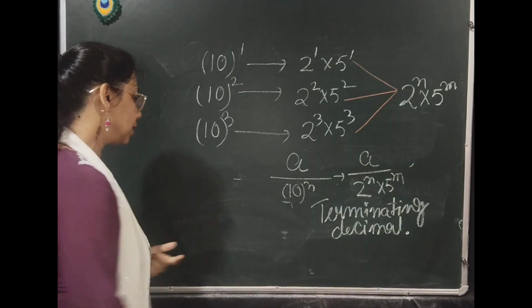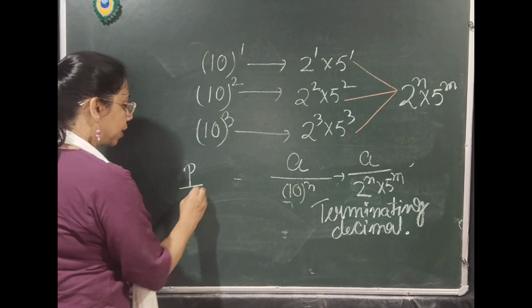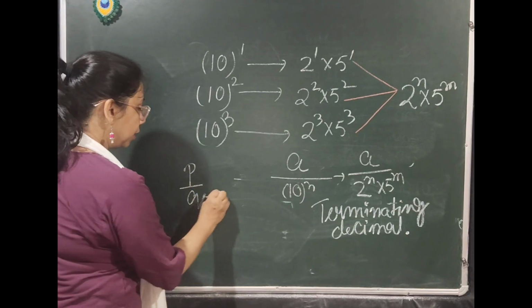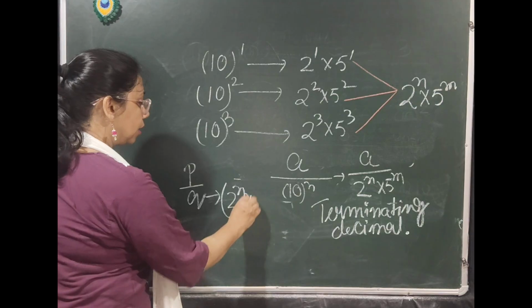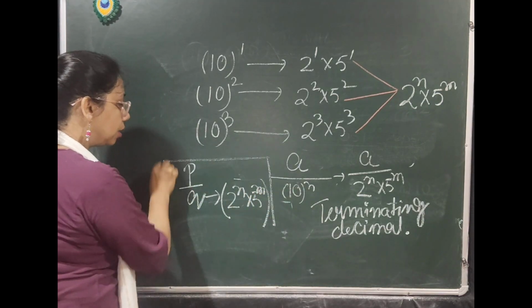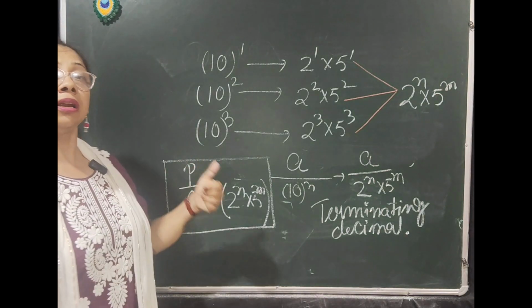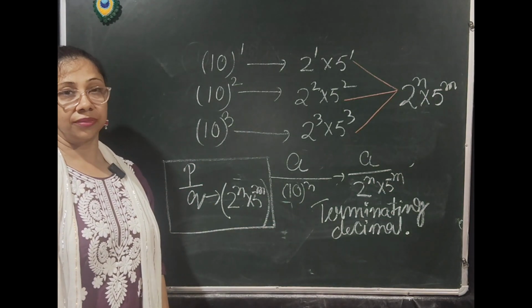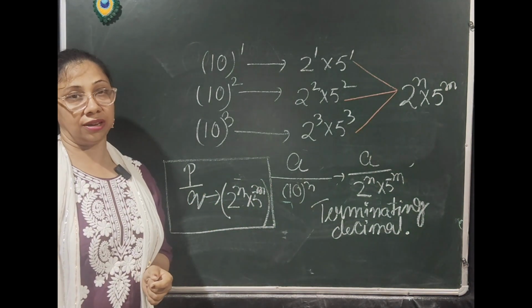We can say it like this: P by Q is a number where Q is following the rule 2 to the power n into 5 to the power m, then the number becomes a terminating decimal number. This is the rule that Q is following here.